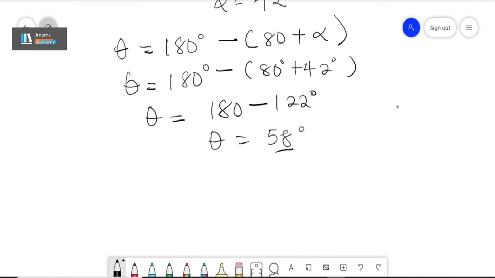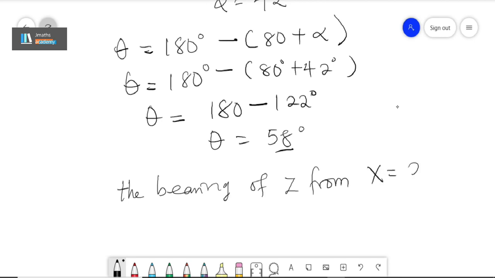So since we have succeeded in finding theta, we remember that the bearing of z from x is equal to 245 degrees minus theta.